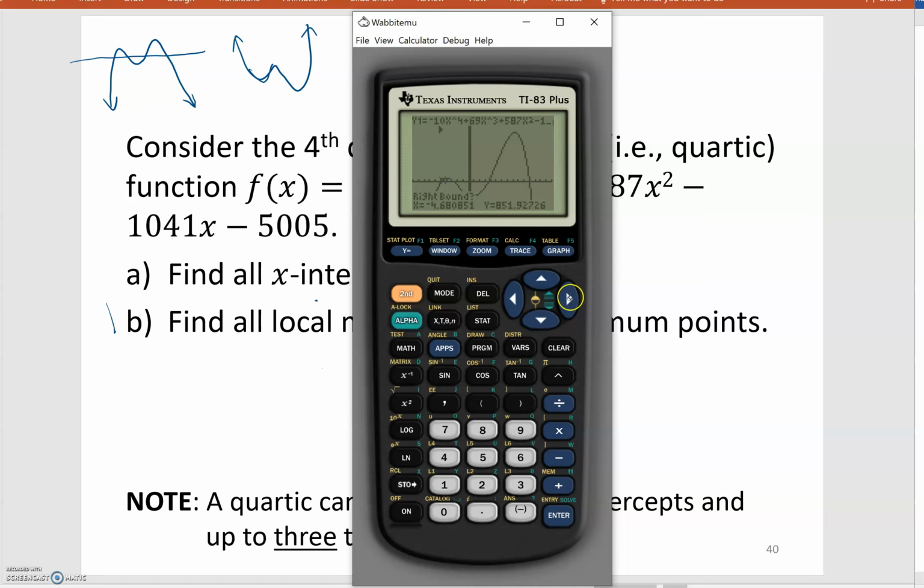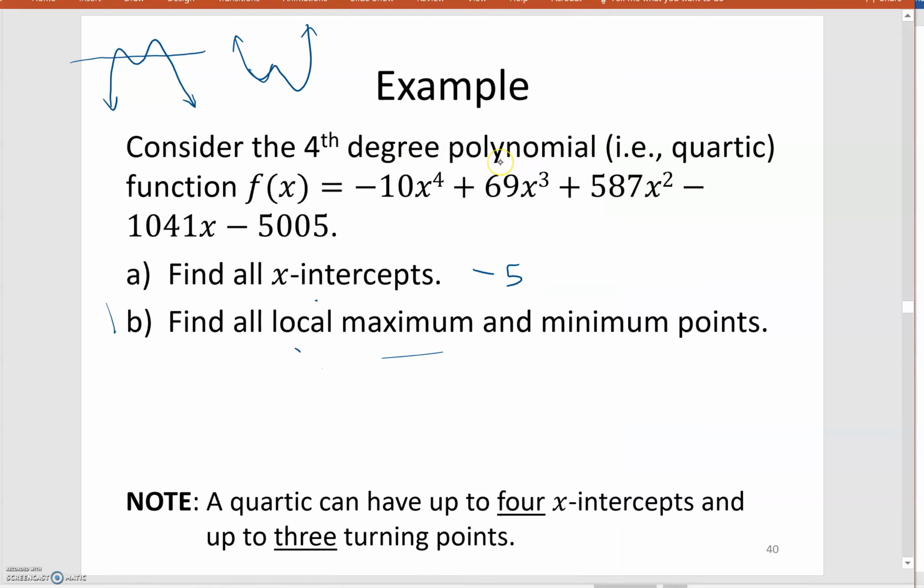So I'm going to find its left bound and right bound, and take a guess at its max, and the calculator says it's -3.94, comma 1578.8. Okay, so we have another max over here and then 1 local minimum. So 2 local maxes and 1 local minimum.